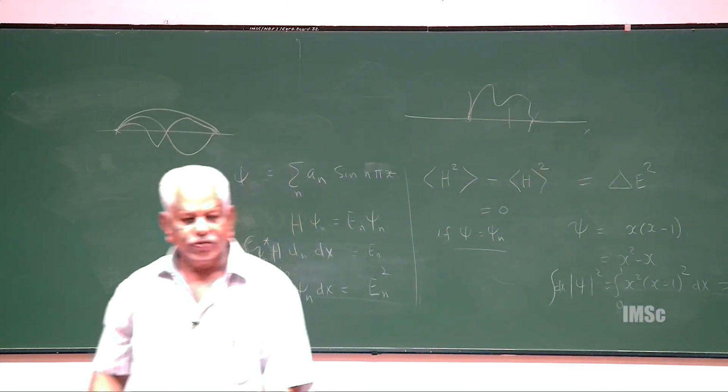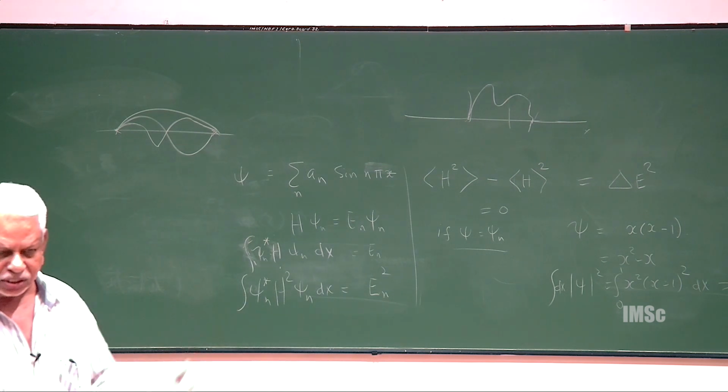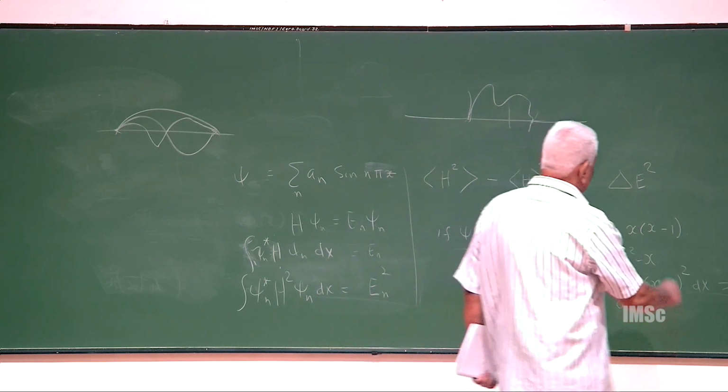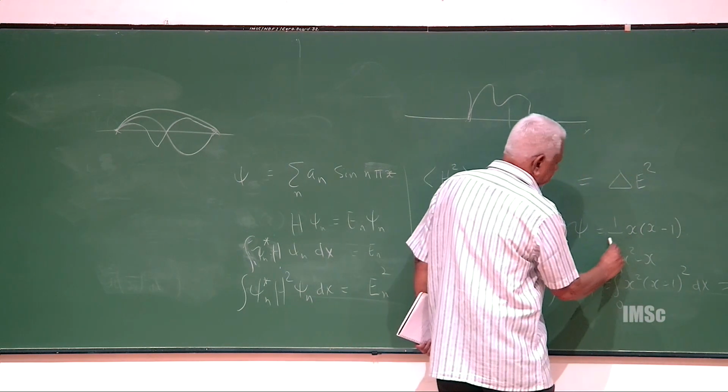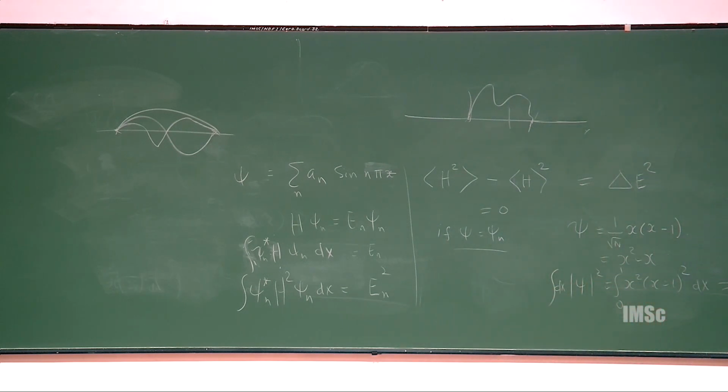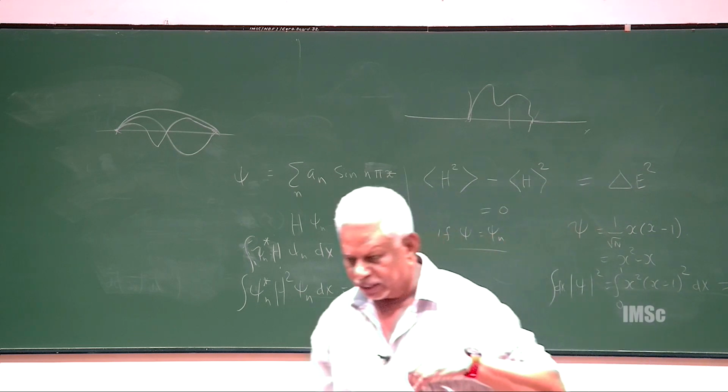I want my eigenfunctions to be normalized, which means I should take psi as 1 by square root of n. The integral will give you n and the denominator will also be n. They will cancel out and the answer is 1. That is what is called normalization of the vector.